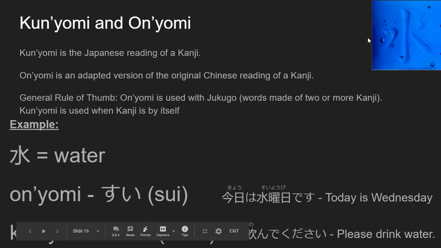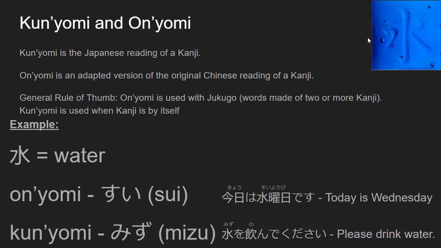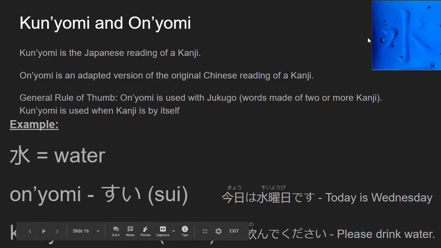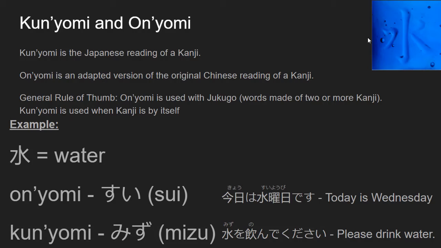This is an exception. However, because kyo is so popular and used all the time, that's not an exception you have to worry too much about. Usually, exceptions such as kyo you use quite often, so you don't have to worry about trying to remember the reading for that.